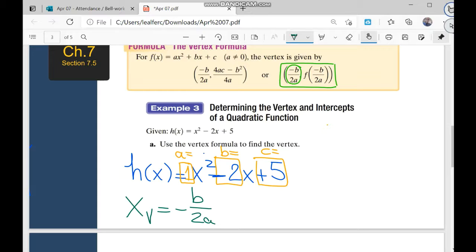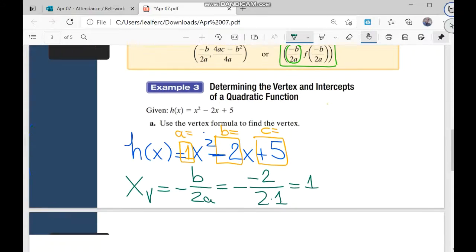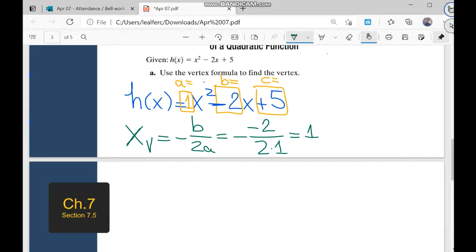This is the formula. Plugging the numbers here, b is negative 2, so negative negative 2 over 2 times a, and a is 1. So x of the vertex equals positive 2 divided by 2, which is 1. This is the coordinate x of the vertex.